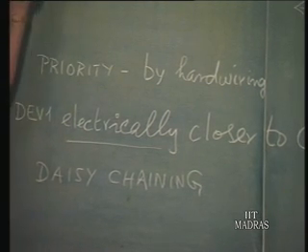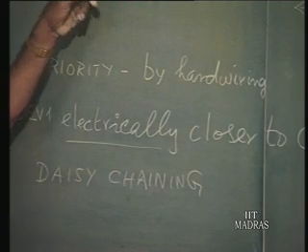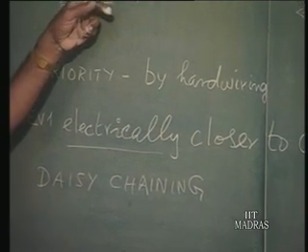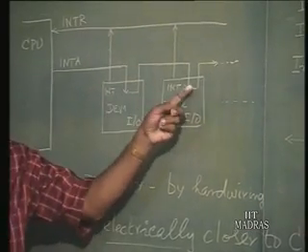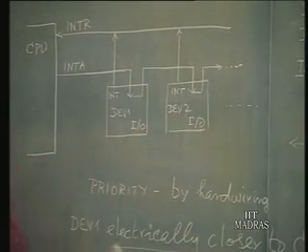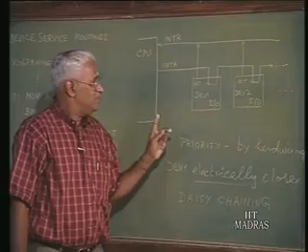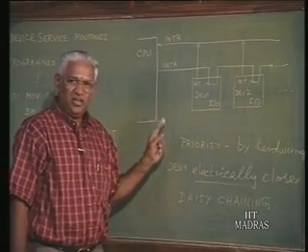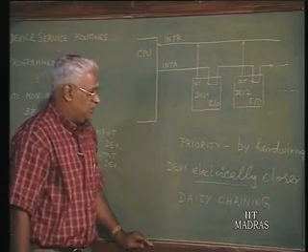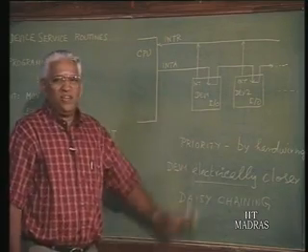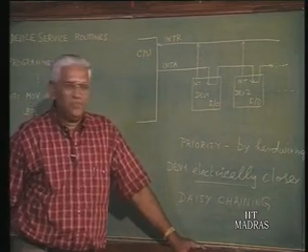Take the signal through one device, and then through another device and through another device. So, create in fact a chain. This particular thing is also called daisy chaining. All right. So, this is one way in which the priority can be defined.